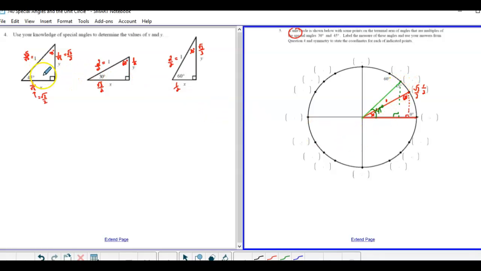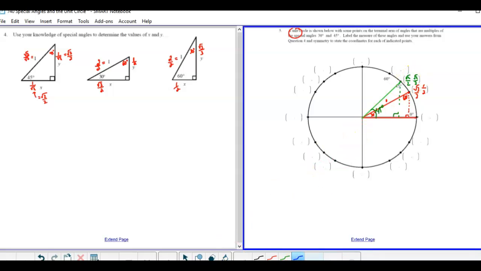So that's the first triangle. So your x value is root 2 over 2 and your y value is root 2 over 2. All right, they've got to be the same. Take a look at how it cuts the circle. So here's the first quadrant. 45 degrees cuts it in half. Okay, so it's going to be on the line y equals x. So those coordinates have to be the same.